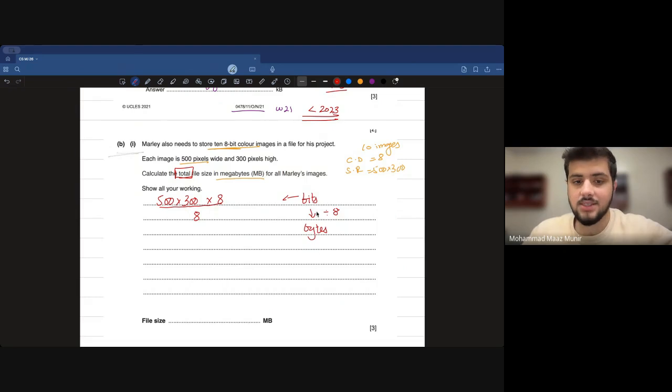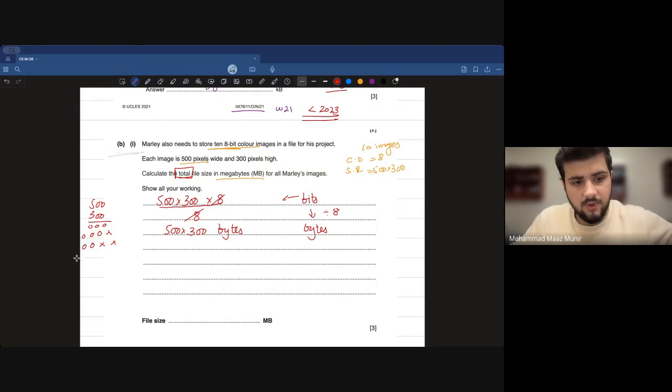So now we have this, and if I simplify it, I get the answer as 500 into 300 bytes. So let's do this calculation, because this is easier. 500 into 300 is basically 150000.